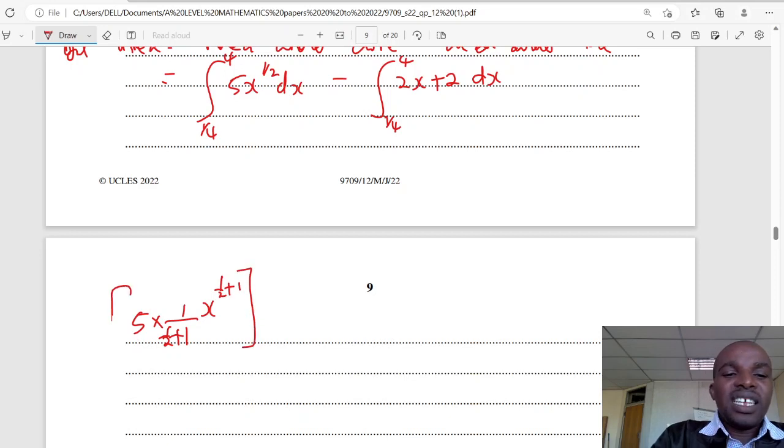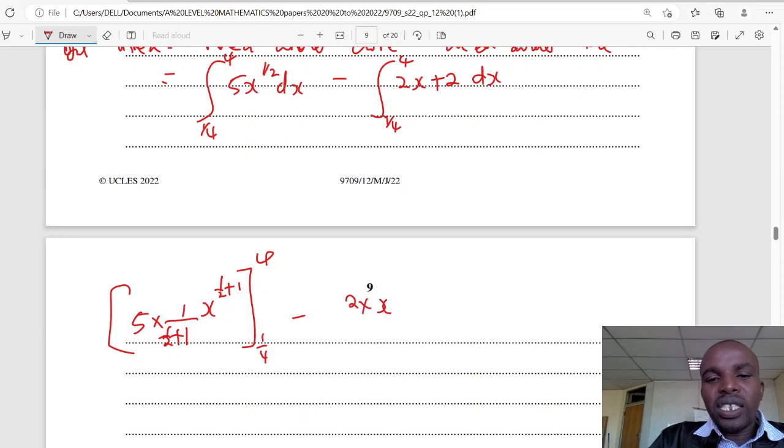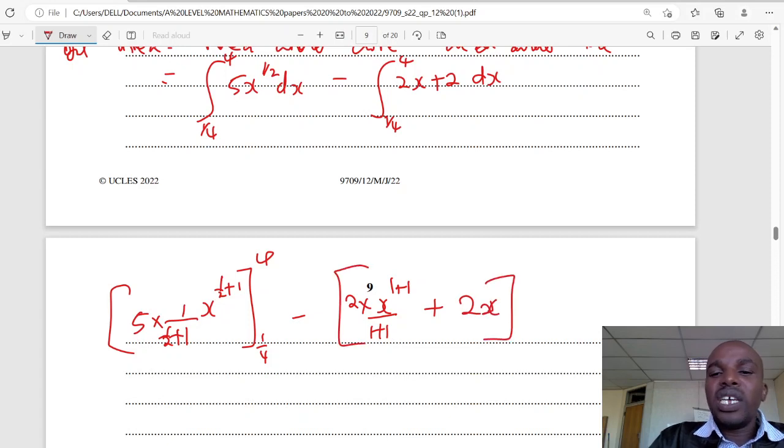That's the first part, with limits 1/4 to 4. Then minus, on this part, it will be 2 times x to the power 1 plus 1 over 1 plus 1, then plus, integrating the 2, you get 2x. Then you put the limits 1/4 to 4.